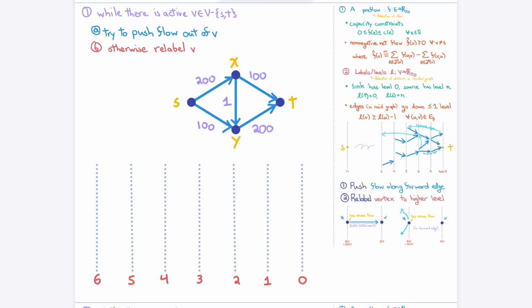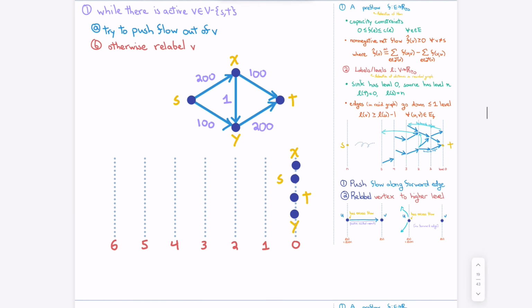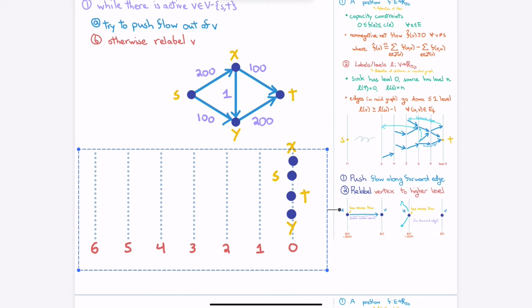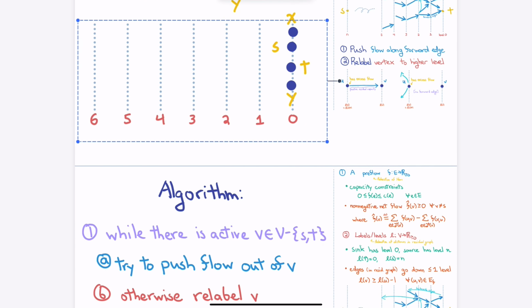Okay, so just to get a sense, because I realize this algorithm is very abstract, I've set up 6 levels for a simple graph, and we're going to try to make this work. Maybe I can make this a little bigger.